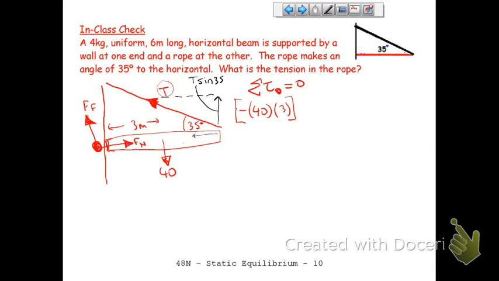So I say, oh, plus my force is T sine 35. And my perpendicular lever arm is 6 meters long. That is making a counterclockwise torque, which is positive.